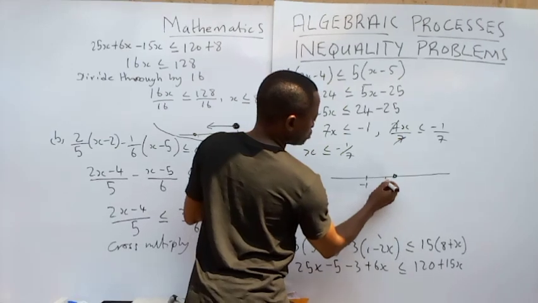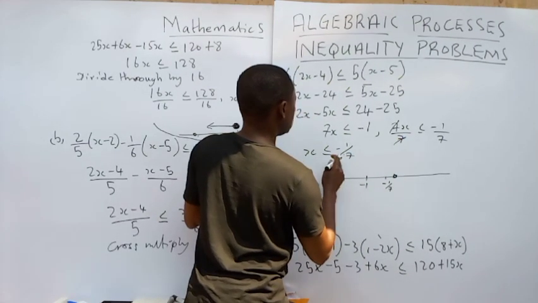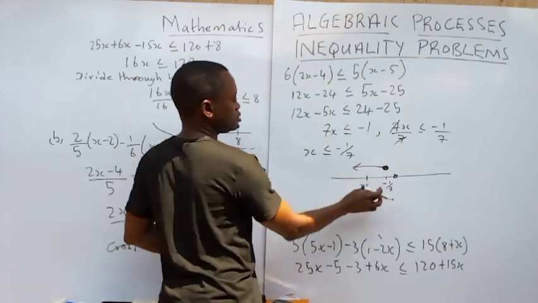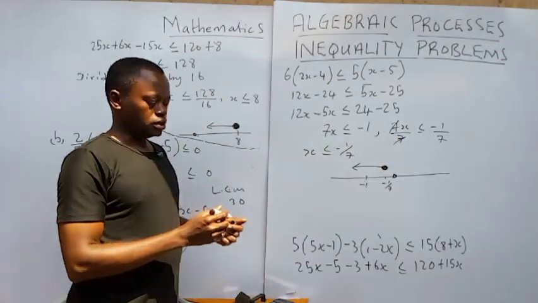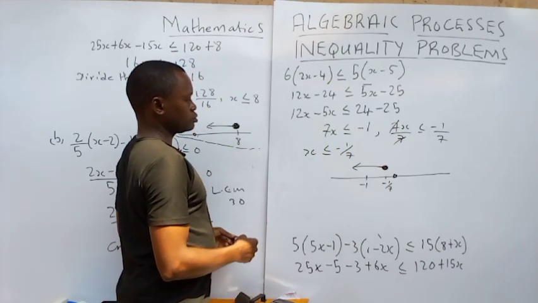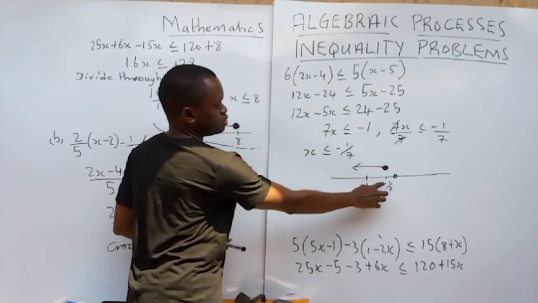So it's less than that. So I'll have minus 1 over 7 here. And this x is less than or equal to this. So shading the base means that this value is inclusive in the solution set of this inequality. Yeah, that's the meaning of this shaded base.